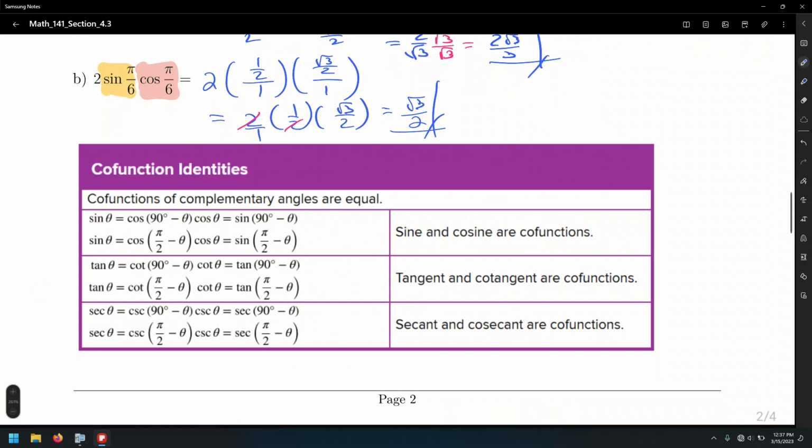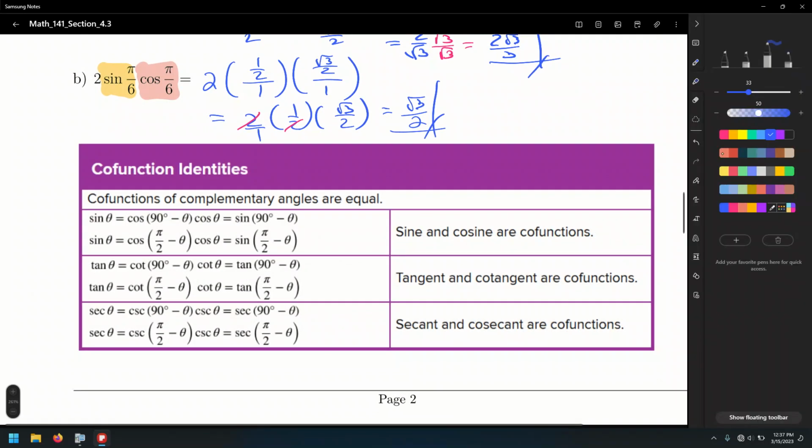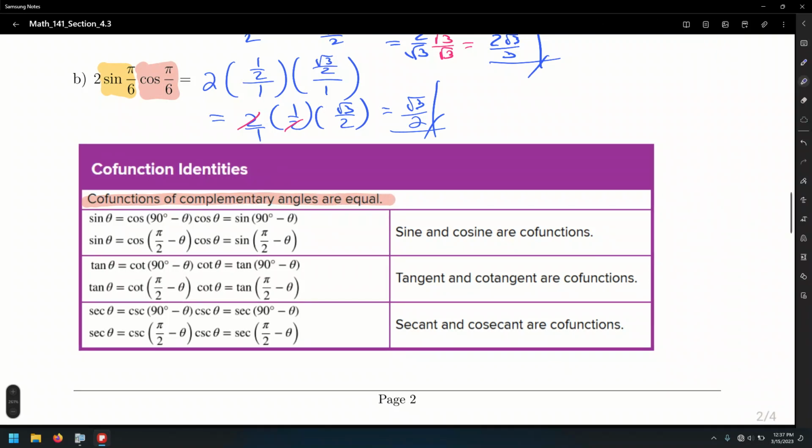And the idea here, first of all, is that co-functions of complementary angles are equal. What's that? Well, if we see this identity here, we need to be careful because this looks like multiplication.